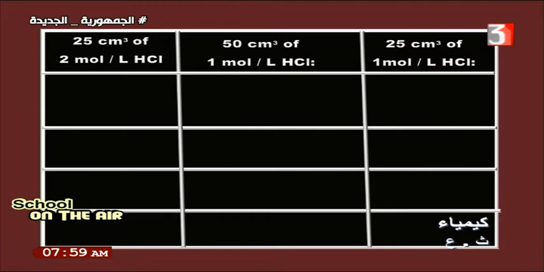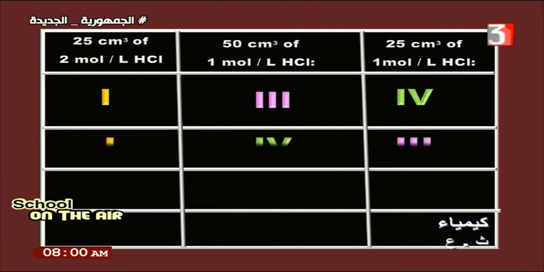In column 2, 50 cubic centimeter and 1 molar hydrochloric acid, so the number of moles is also 50, as in column 1. And column 3, the volume 25 and 1 molar solution, so the number of moles is 25. So the number of moles of hydrochloric acid in column 3 is half that of column 1 and column 2.